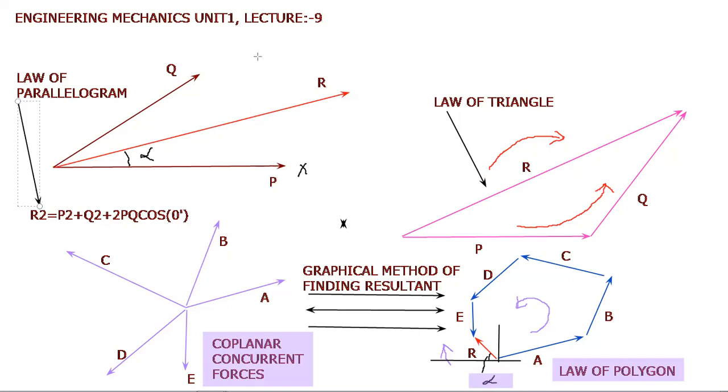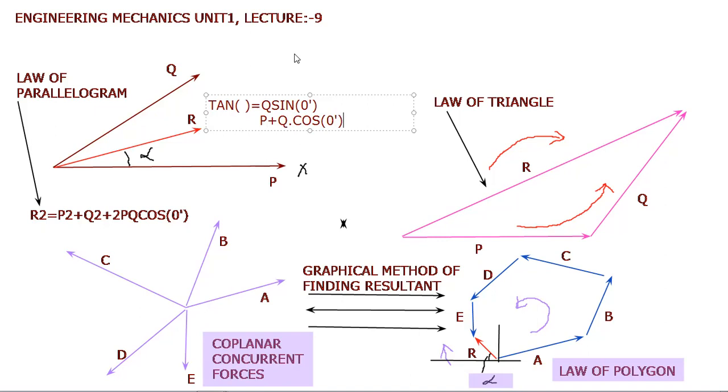Okay, one more formula is there, for tan of alpha. You have one formula, that is Q sine theta divided by P plus Q cos theta.